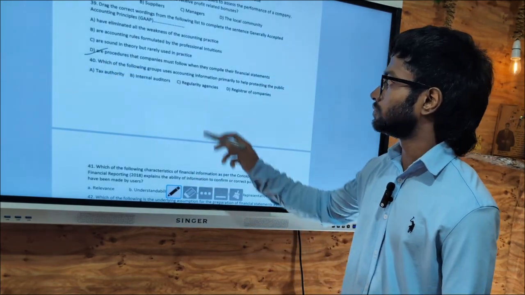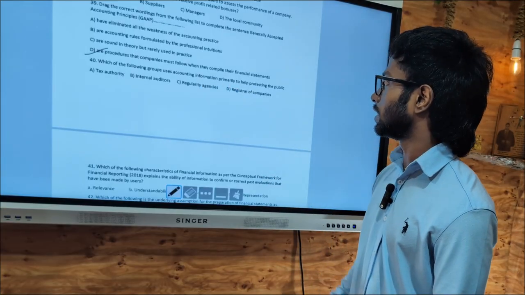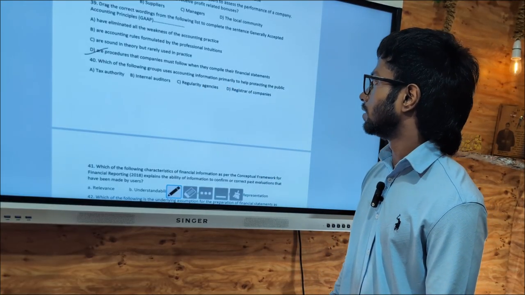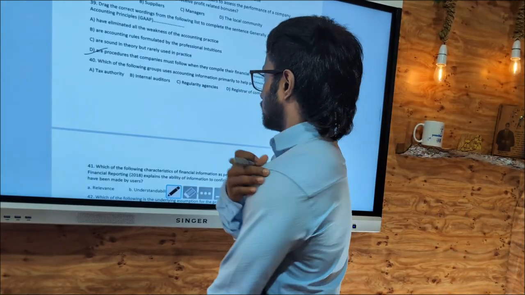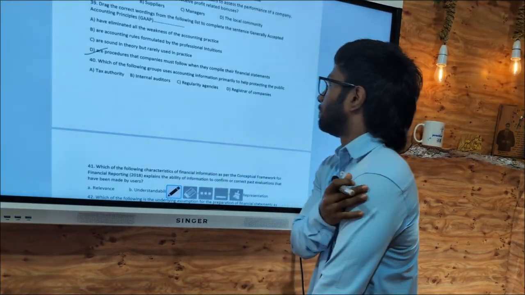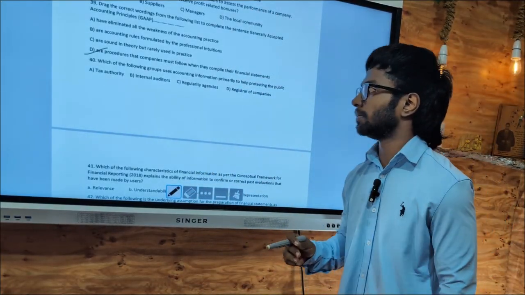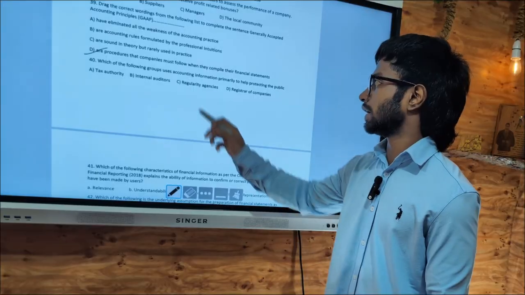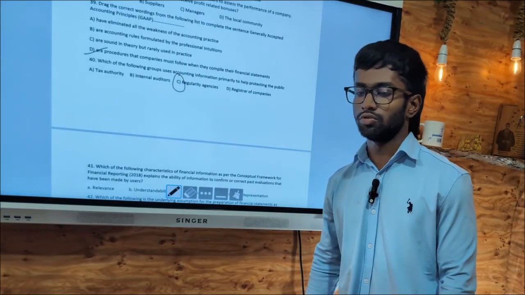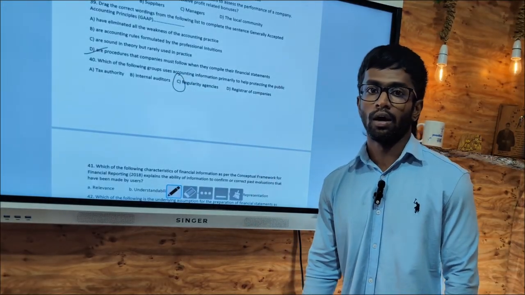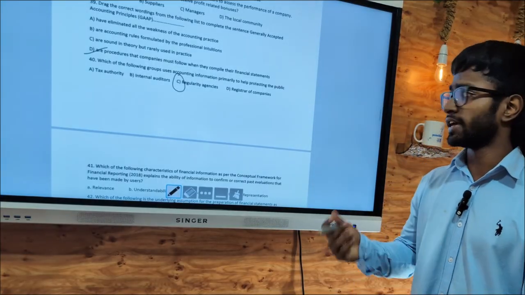40. Which of the following groups uses accounting information primarily to help protect the public? So the main organization will be regulatory agencies who regulate certain rules and regulations.